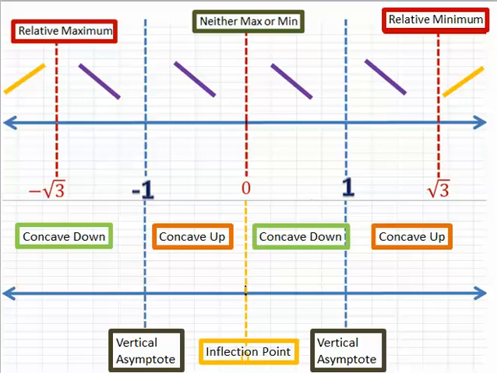So we have a vertical asymptote at 1 and -1.